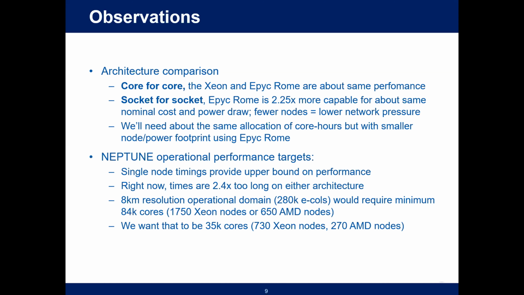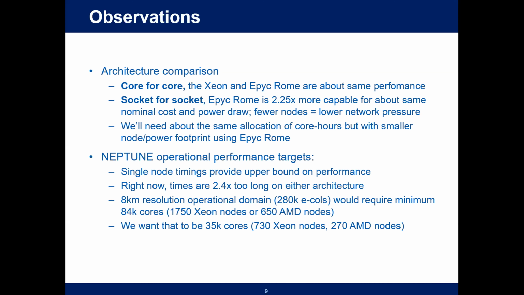Now, looking at this in terms of what our requirements are for operational forecast speed, the single node timings, as I said before, are an upper bound on performance. We still have to factor in communication cost, and also this is dry dynamics. So we haven't added physics yet.